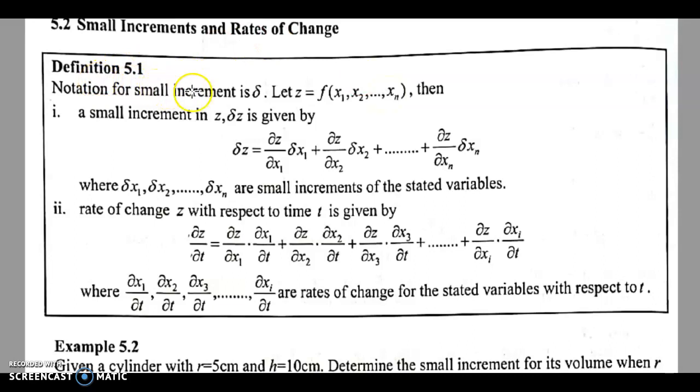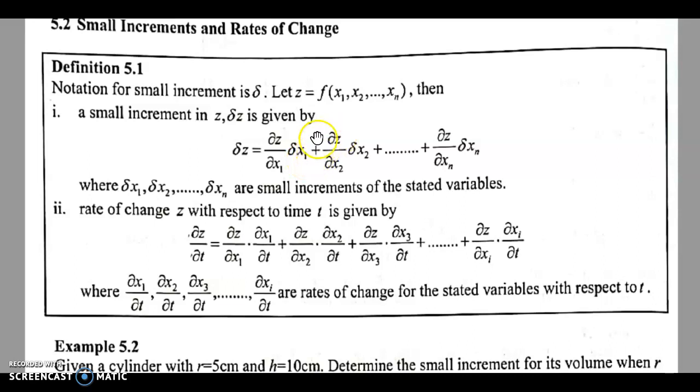The notation for small increment is delta. So let's say we have function z equal to this function where you have several variables inside it, and the small increment of this function z will be denoted as delta z, and is given by delta z equal to the partial derivative of z in terms of the first variable x1 times the small increment of that variable, right?